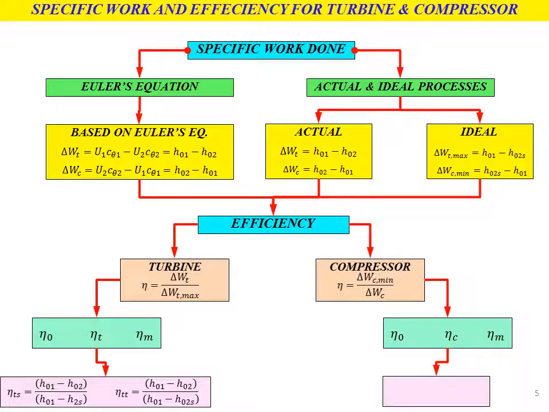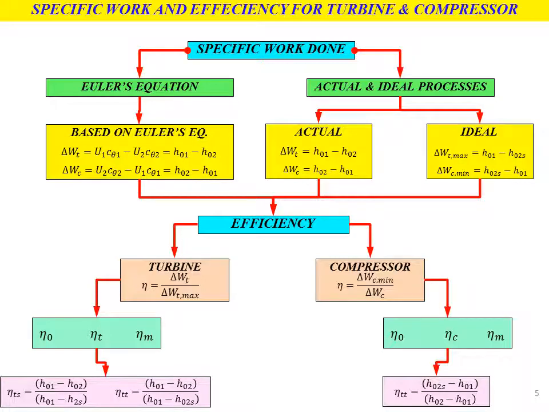If you compare with the turbine, the compressor only has one efficiency expression based on its function, which is referred to as total efficiency, equal to H02S minus H01 divided by H02 minus H01. There will be no total to static efficiency for the compressor.